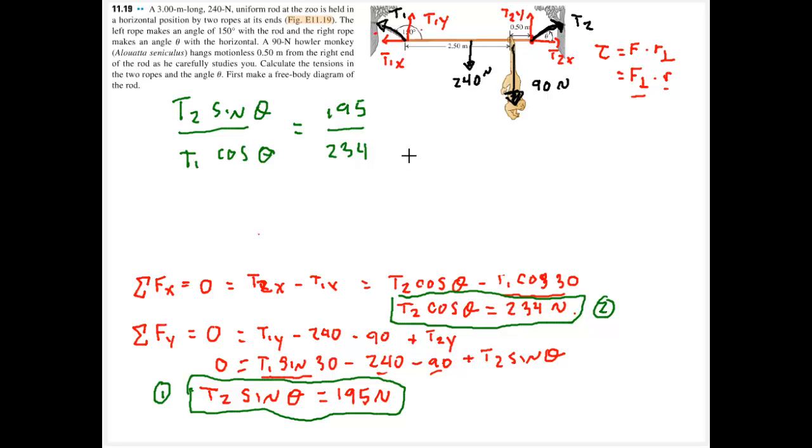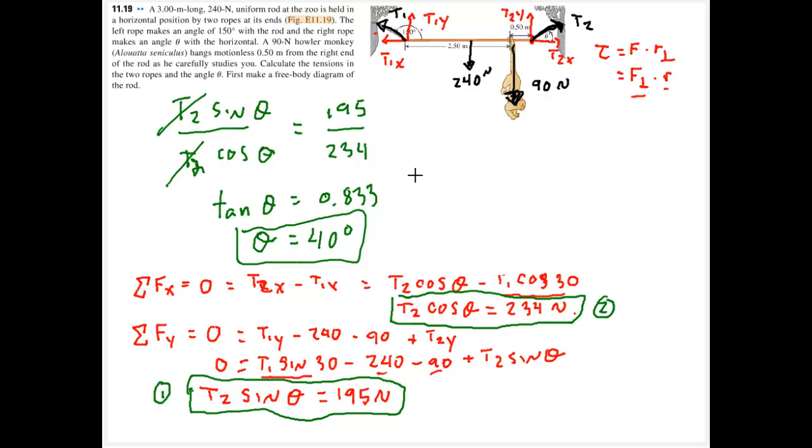So what I can do then is cancel those two out. I know that the tangent of theta is going to be 0.833.